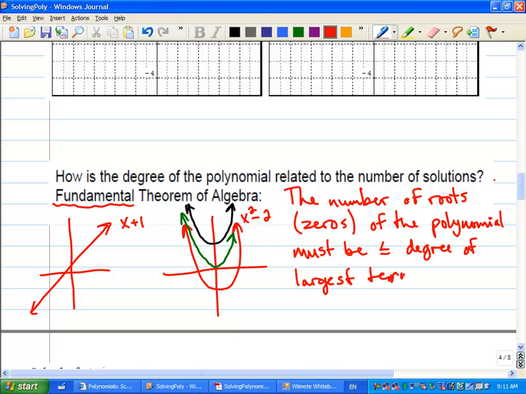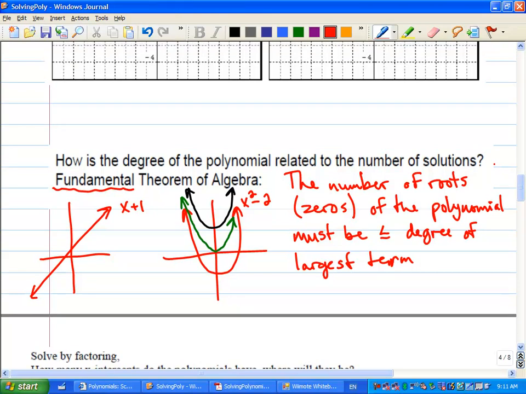So for cubics, there can be at most 3. For squared terms, like x squared, there could be at most 2. If we have a cubic, we don't need to find any more than 3 solutions. If it was x to the 5th, there'd be no more than 5 solutions.